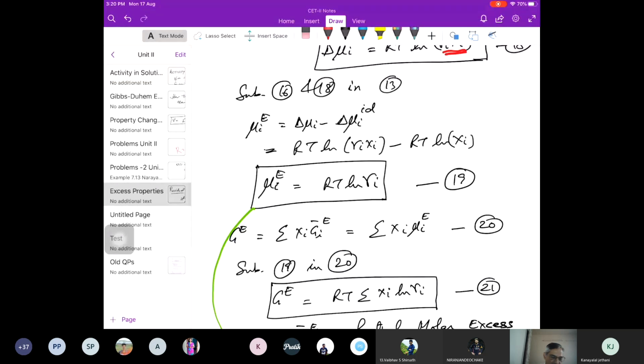Ln Xi will cancel out, and what you get is mu I E is equal to RT ln gamma I. So now we have an equation which shows the relation of partial molar excess free energy with activity coefficient, which is equation 19. Okay? Any questions on equation 19?